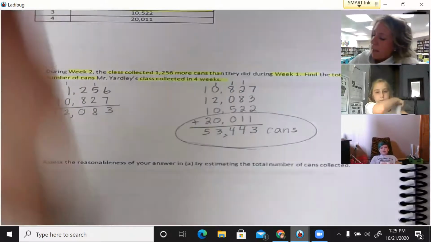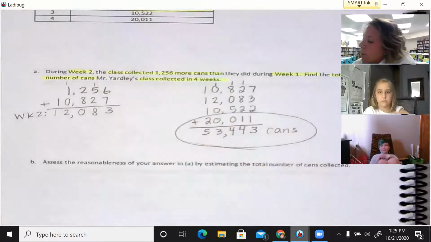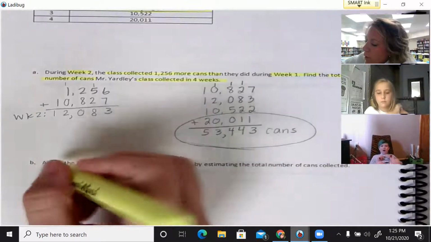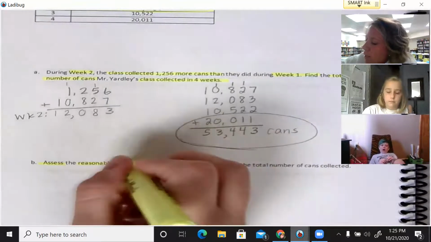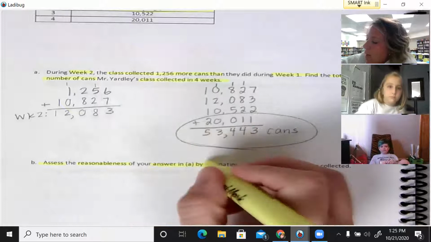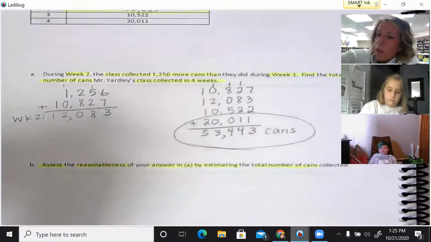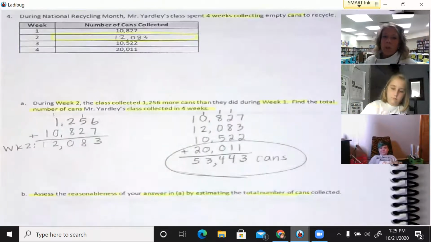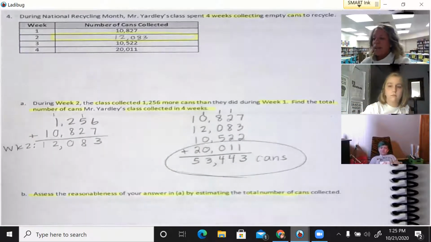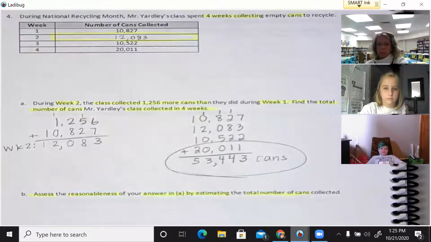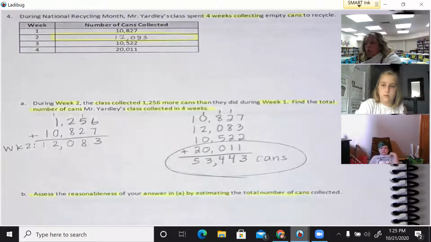Okay, letter B. We have to assess the reasonableness again of your answer in A by estimating the total number of cans. So we are now going to use each of these numbers to estimate.